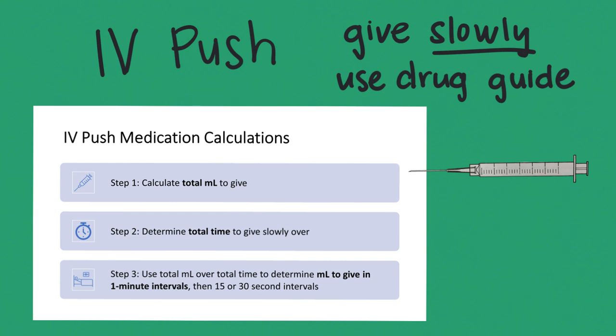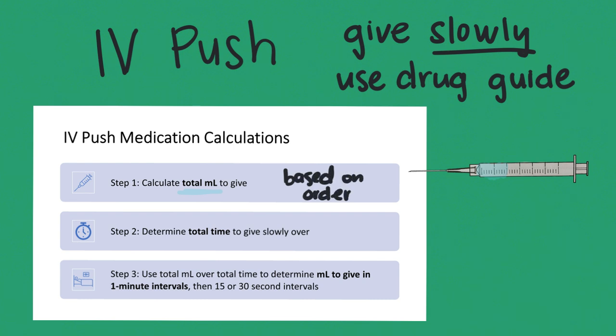So when we're calculating the total milliliters to give, let's just say the medicine was blue. We're going to give 1 milliliter. So that would be the total amount that we're supposed to give based on the dose. This is based on the order.